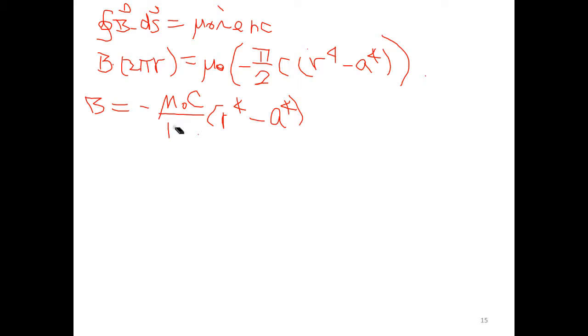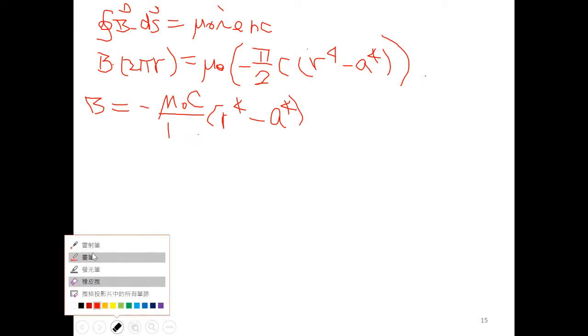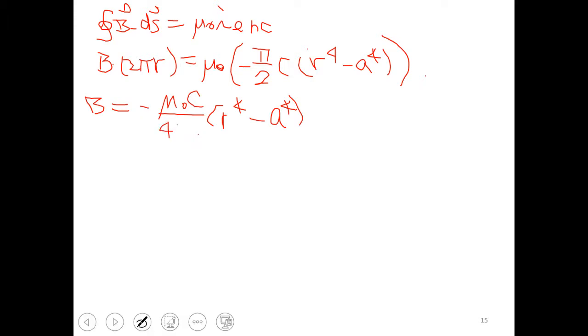This one should be 4r, because pi is cancelled. So here we have 4r on the bottom, C on the top, mu 0 on the top, and this one on the top. So this should be like this.